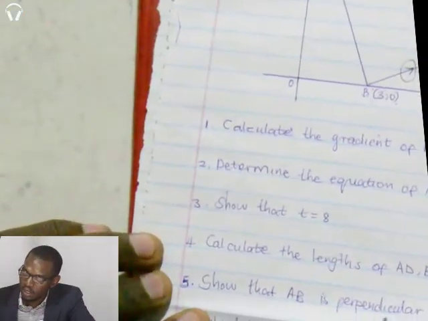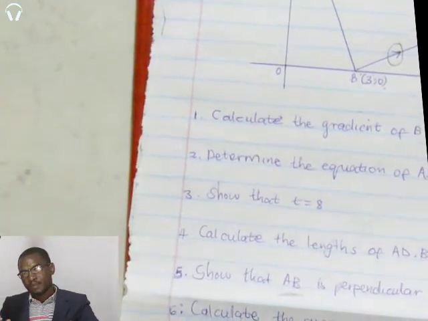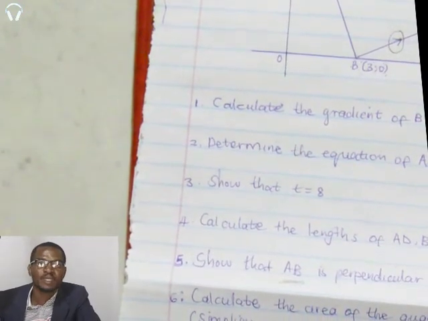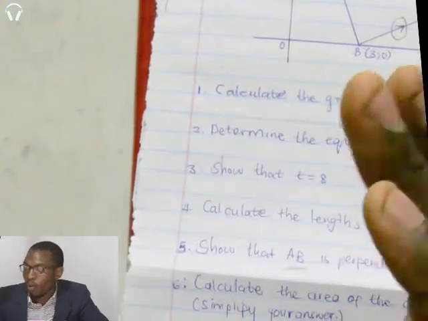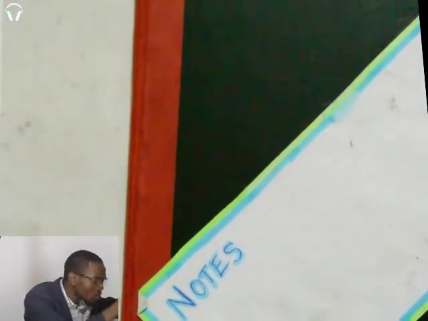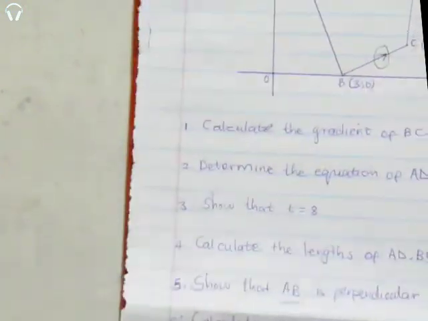Show that AB is perpendicular to BC. The interesting thing about perpendicular lines is that when you multiply the gradients of the perpendicular lines, you must obtain -1. So we are asked to show that AB is perpendicular to BC.